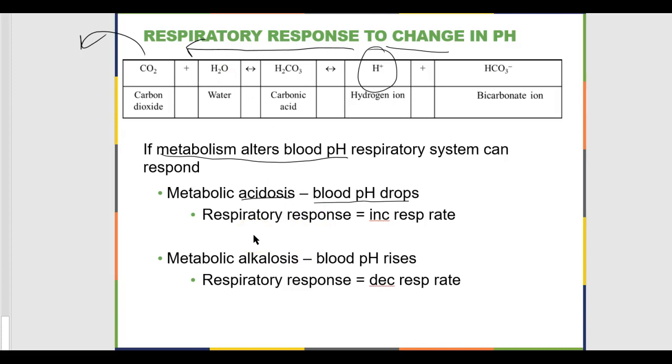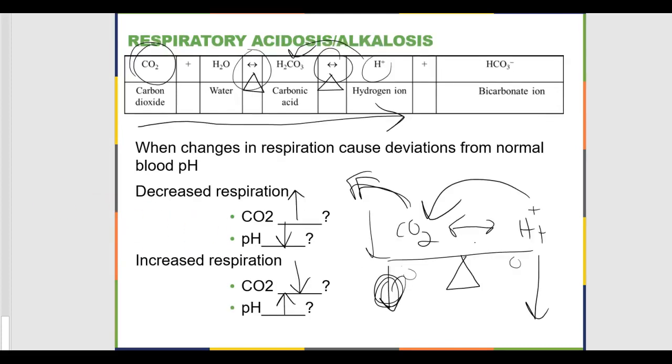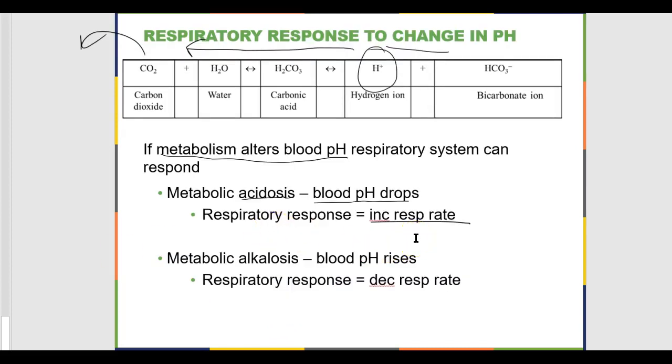So you increase your respiratory rate, which is going to cause an increase in pH. Just like we saw here, if you increase your respiratory rate for no good reason, your blood pH goes up. Here you're doing it to restore proper pH.